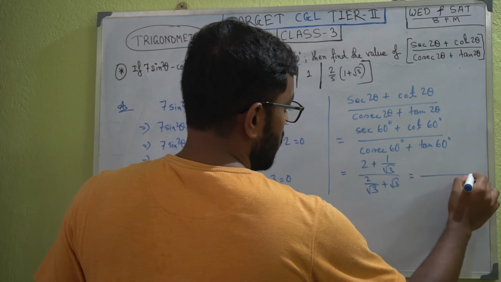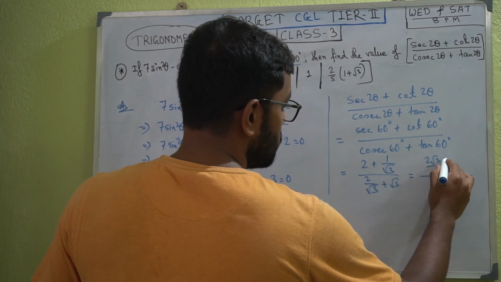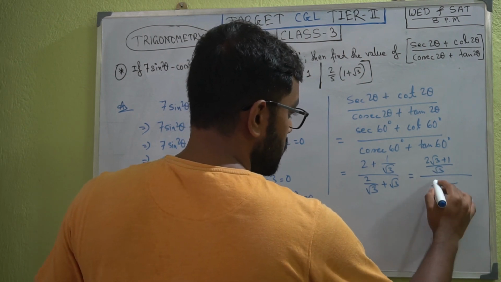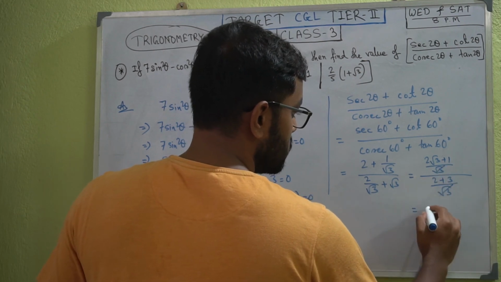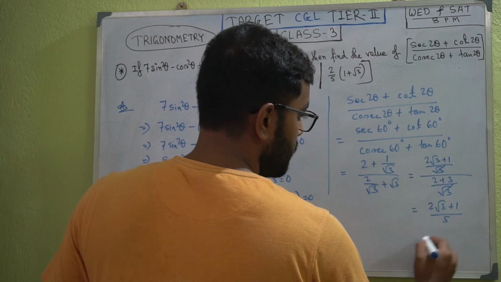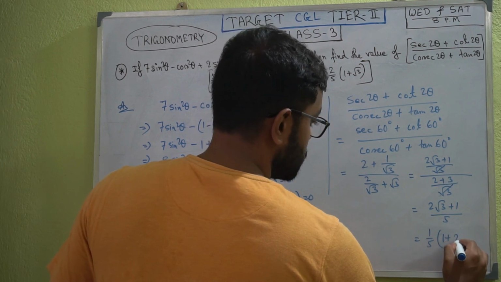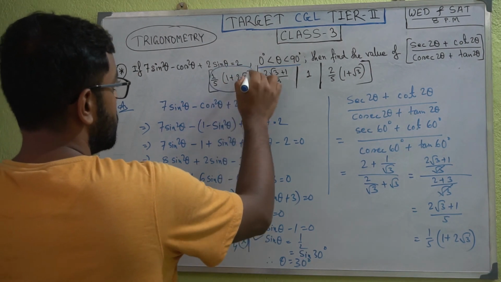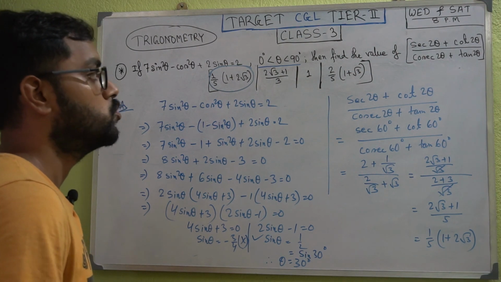Now here root 3 is the LCM, so 2 root 3 plus 1 by, here also root 3 is the LCM, 2 plus 3, root 3 eliminated, then 2 root 3 plus 1 by 5, that is 1 by 5 into 1 plus 2 root 3. It is the answer.